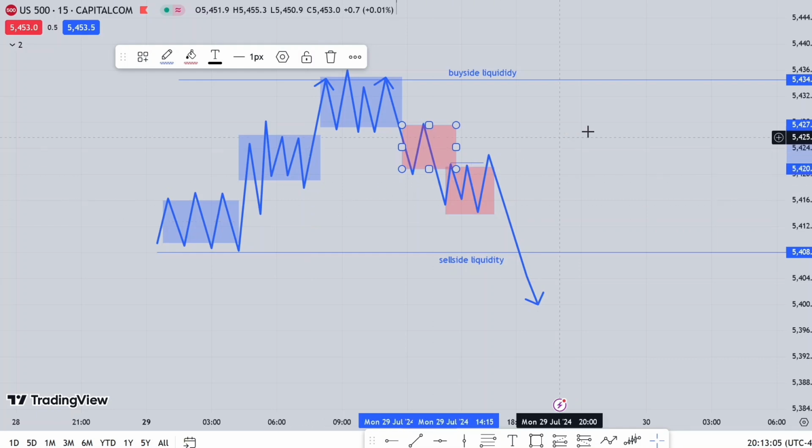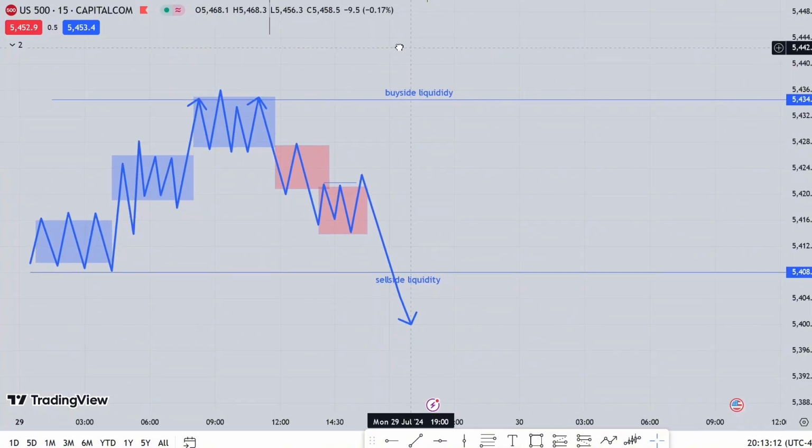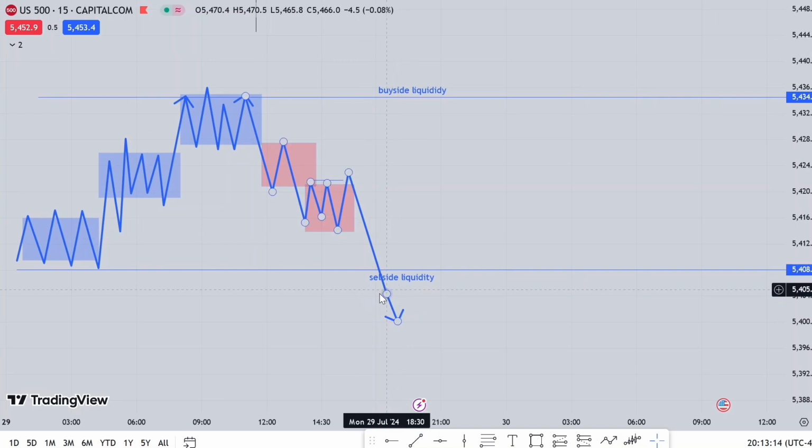So when using these market maker models, you must understand the time frame, each subordinate time frame in which you want to see this fractal nature of price action appearing.